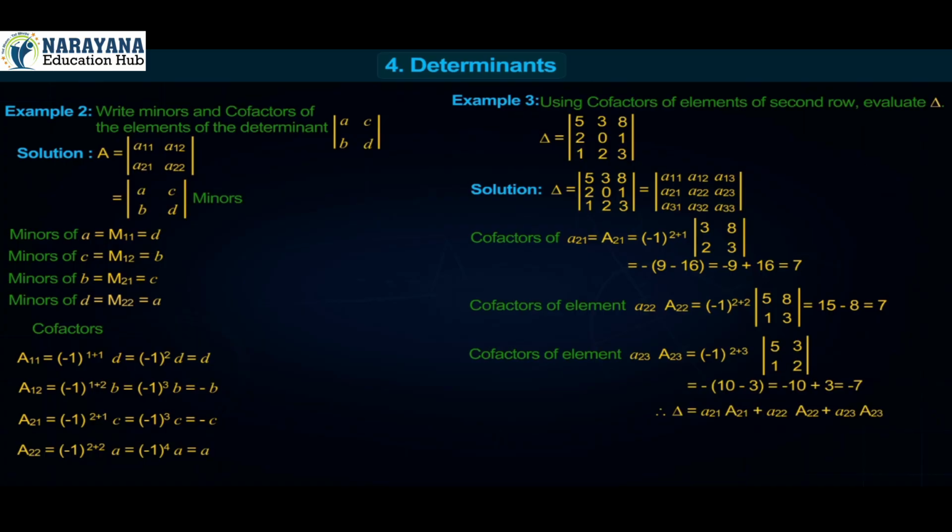Therefore, delta is equal to a21 into A21 plus a22 into A22 plus a23 into A23, which is equal to 2 into 7 plus 0 into 7 plus 1 into minus 7, which is equal to 14 plus 0 minus 7, which is equal to 7.